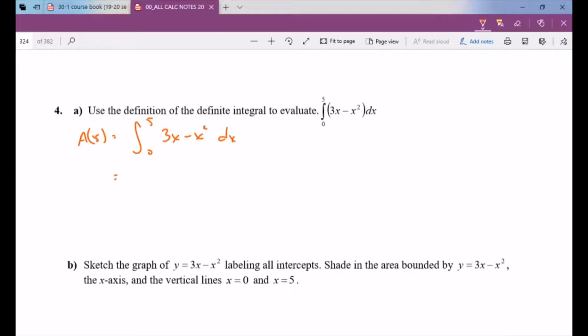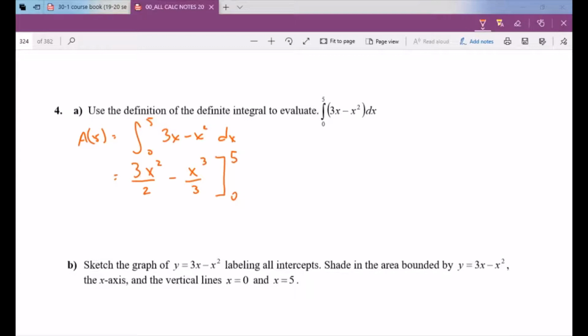We can use a notation when we take the antiderivative, which ends up being 3x squared over 2 minus x cubed over 3. And we can use our limits, our lower and upper bound of 0 to 5.